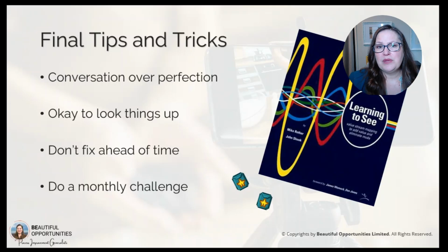Now, this book for me, Learning to See, it's kind of like the Bible of value stream mapping and where things started. So it's okay to go to books like this or to resources like these videos online to be able to get more insight into how value stream mapping works and how you can use it. And really, that's because there's a lot of different versions out there. You need to figure out what's going to work for you and your team.